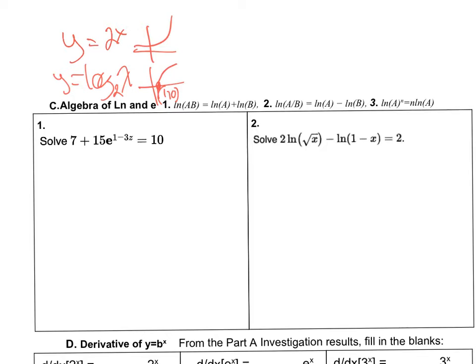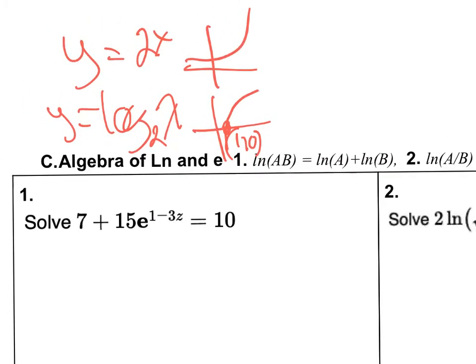What's important here is that the y value is what's called the evaluated power. That's the answer, like 2 to the 3 is 8. The exponent is on the x-axis, and the logarithm is the inverse. So the exponent is on the y-axis, and the evaluated power, the answer, is on the x-axis.